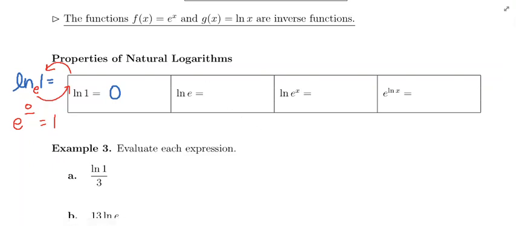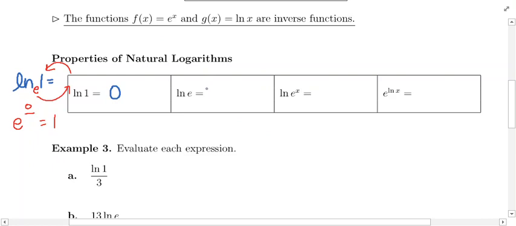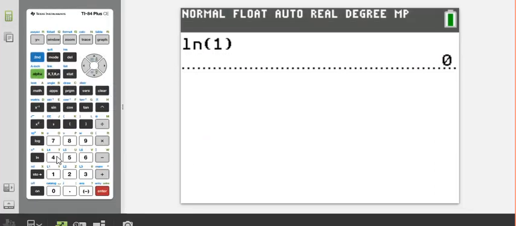All right, moving on to the second property. What's the natural log of e? Again, you can pop this into the calculator. On my calculator, it's on the division key. If you look above it, you see the E button, the way to pull up the E decimal expansion.